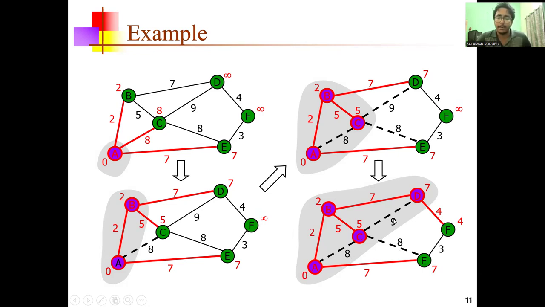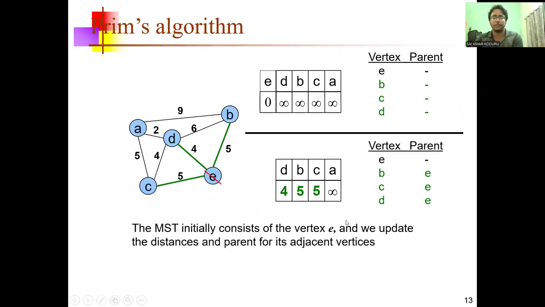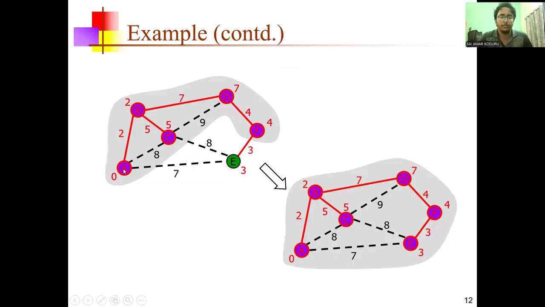8, 8, and 9. Since they are all costly compared to B and its adjacent vertex, which is D, we'll come back and move from B to D. After moving to D, we'll look for its adjacent vertices which are least cost.